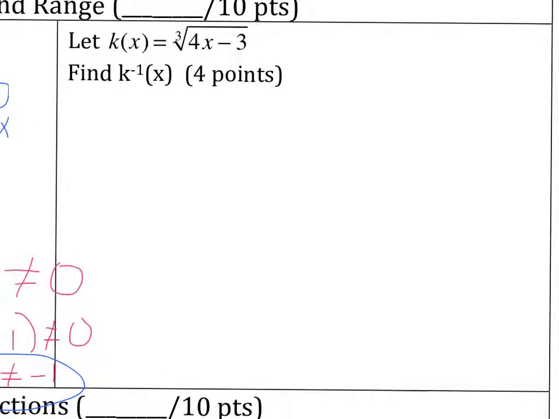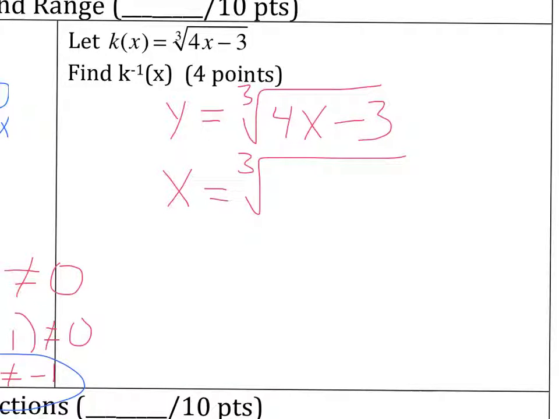Our next one asks us to find the inverse of a function. We know the first step is to set it equal to y, so y equals cube root of 4x minus 3. Next step is to switch x and y. x equals cube root of 4y minus 3. Sorry guys, there should be a y there. And then try to get that y by itself.